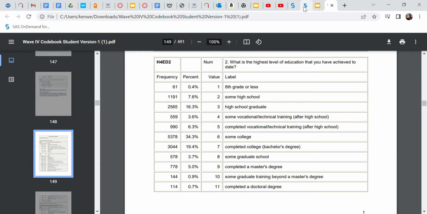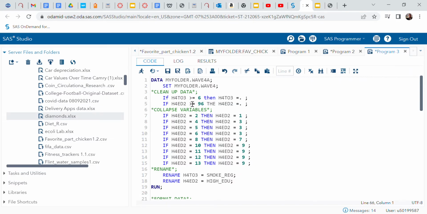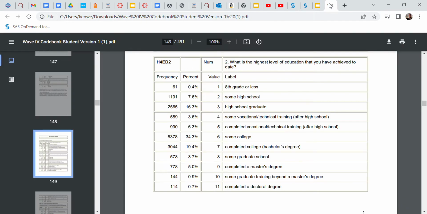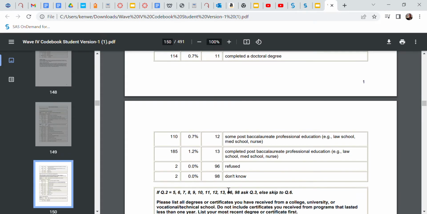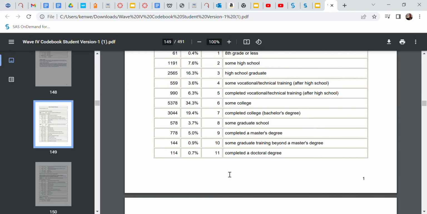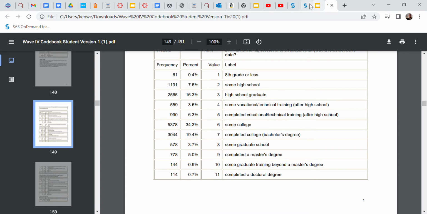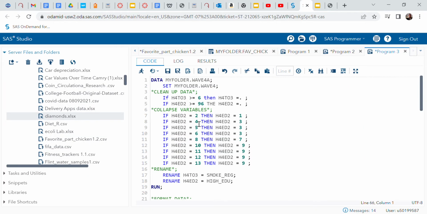We're going to clean it up, take all the refuse to answer and I don't know out like we usually do. And we're saying if it's two, put it in one. If it's all of these, put it in three, and so on and so on.